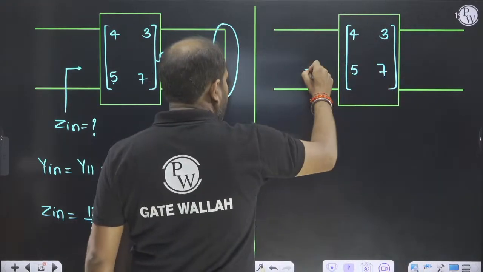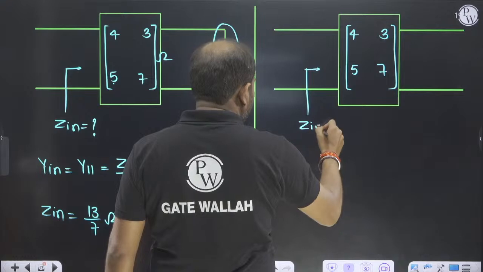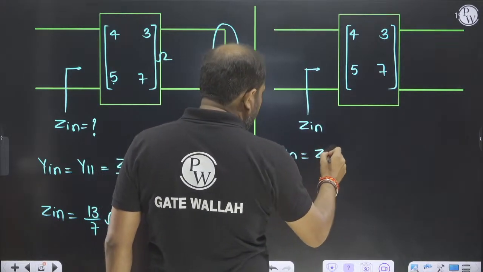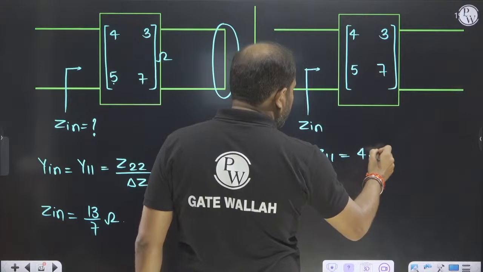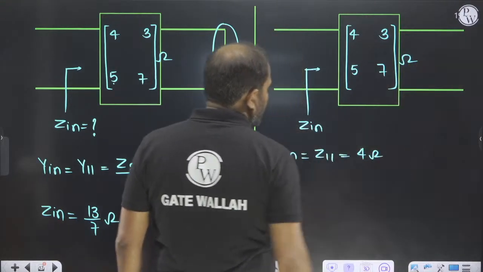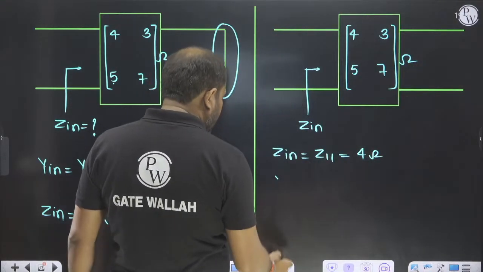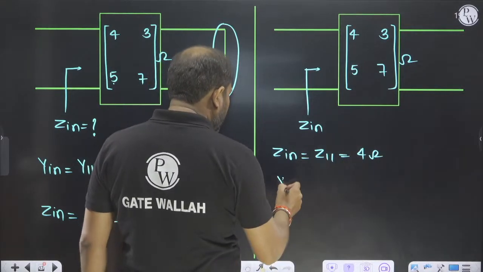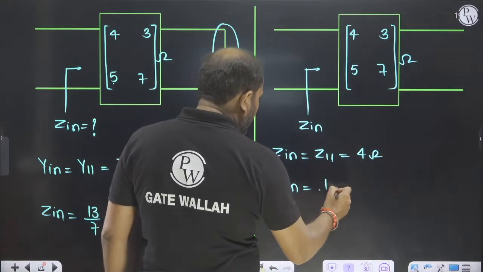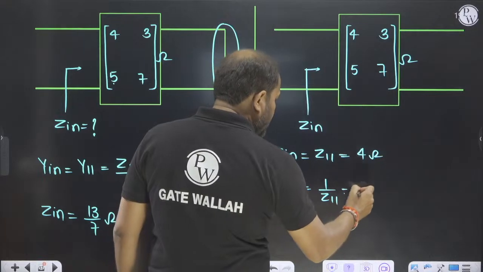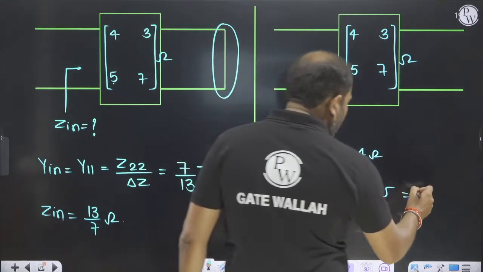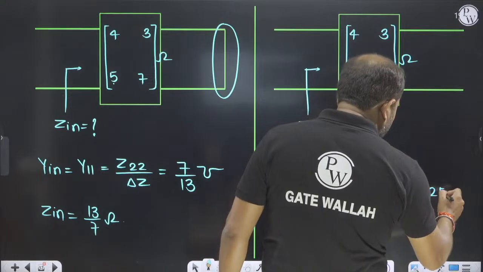But it is open circuit and they are asking Zin. So Zin will be equal to Z11, 4 ohm. And Y in will be equal to 1 by Z11, so 1 by 4 mho, so 0.25 mho.